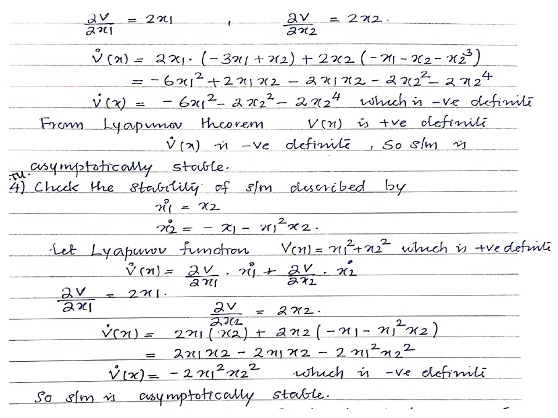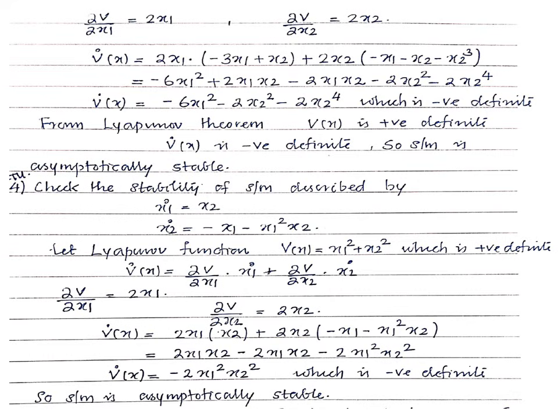The fourth question is of the same type. V of x, we know, is a positive definite function. From that, we have to find V dot x. After solving the equations, we get V dot x equal to minus 2 x1 square x2 square, which is always a negative definite function, because for any value of x1 and x2, V dot x is negative.